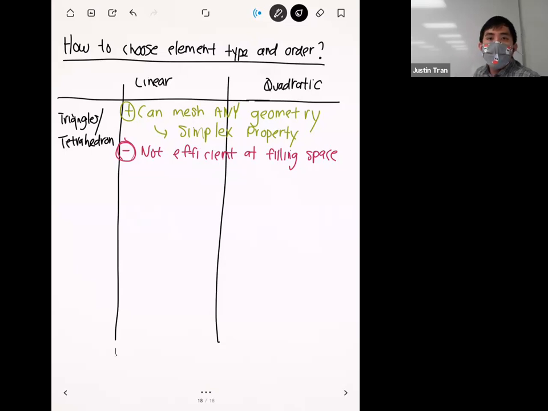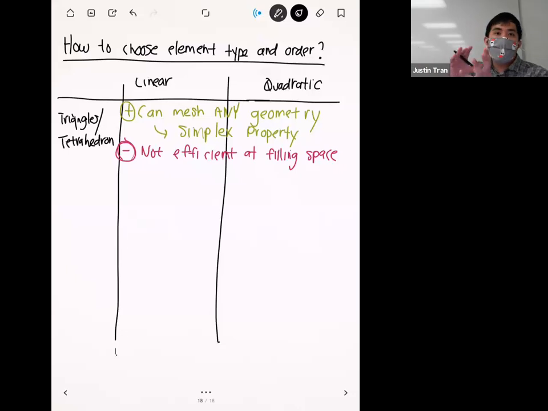Question? So is it safe to say the skewness of your mesh has a higher probability of increasing if you're using tetrahedrons or triangles? Oh, yeah, it's a good question. I would say there's actually less probability with the triangles and tetrahedrons, because they have this kind of strange shape and can be used to fill any geometry.